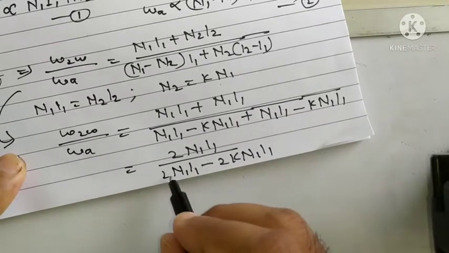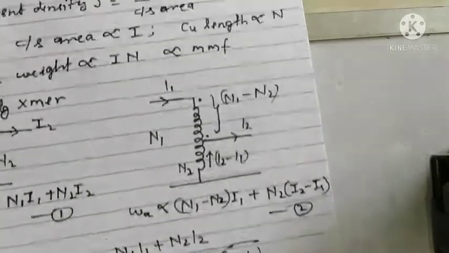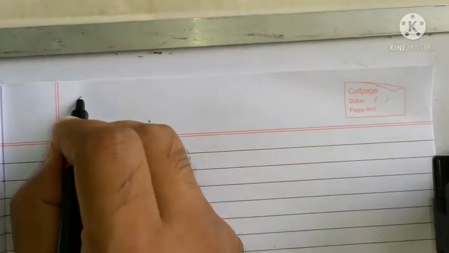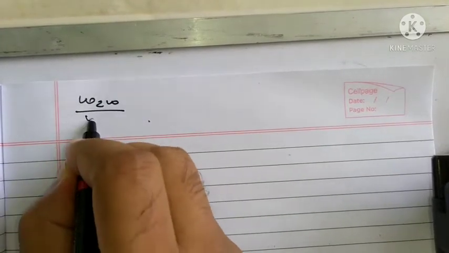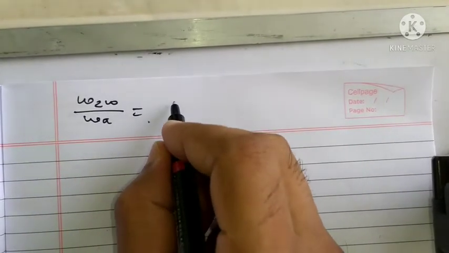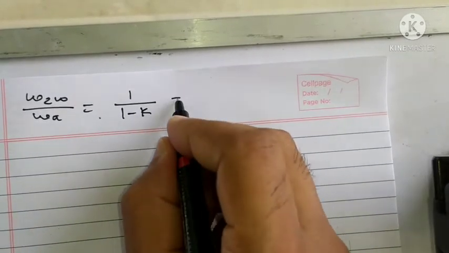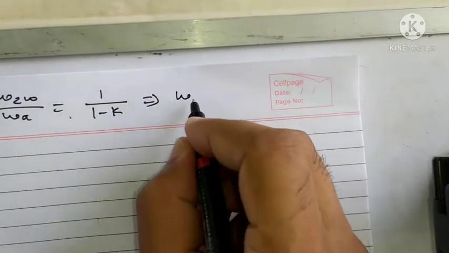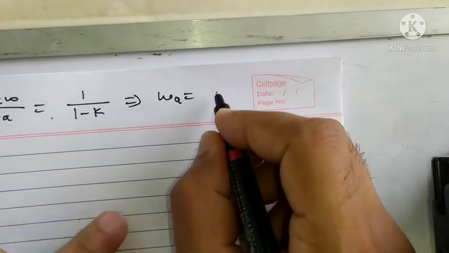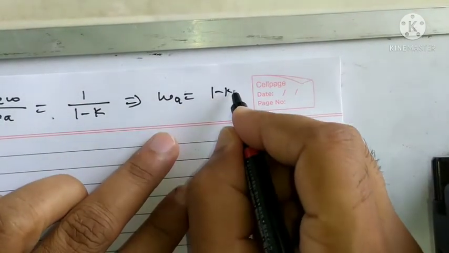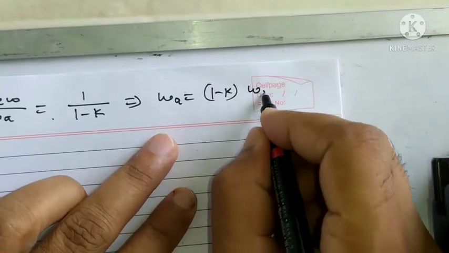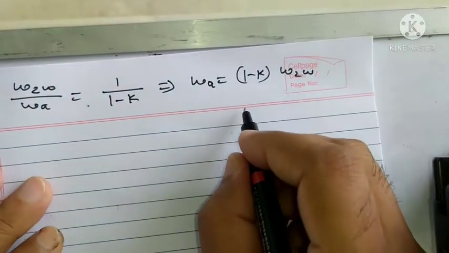So N1 I1 and 2 will be cancelled, and I can write W2 winding by W auto equal to 1 by 1 minus K. So this implies W auto, copper weight in auto transformer, is 1 minus K times copper weight in 2 windings. Therefore, what is copper saving?